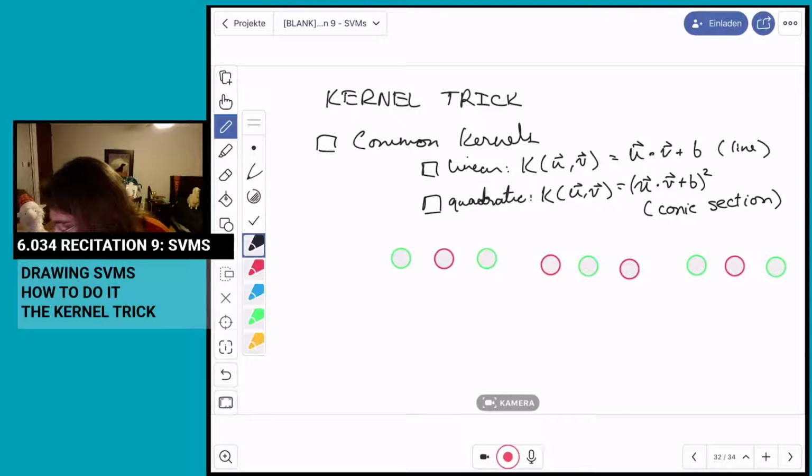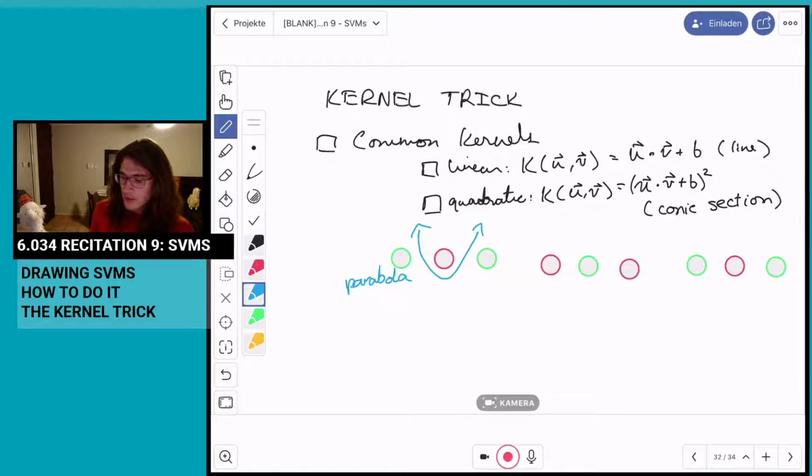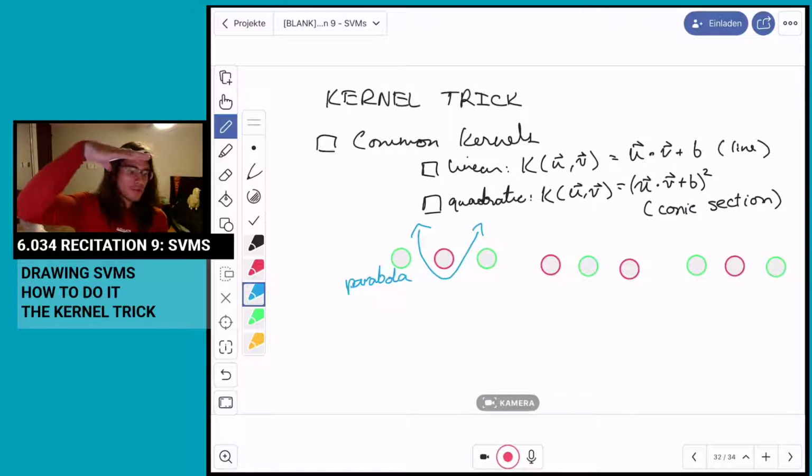So you may recognize the squared exponent, meaning that this can draw a parabola. But I did say it's a conic section. So if we're thinking about it in 3D, there's the center point, and it draws an outward increasing cone around it. If we have that cone and we cut a horizontal slice, what we get is a U shape, so that parabola that I just drew.